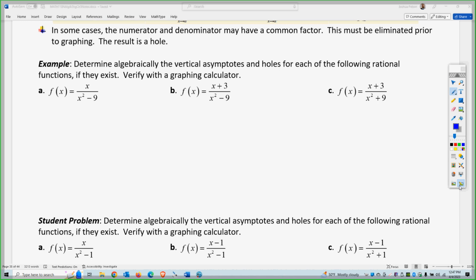You can verify with a graphing calculator. So if I in fact factor this, I'm going to get x over x minus 3 and x plus 3. So nothing algebraically cancels. So my vertical asymptotes are x equals 3 and x equals negative 3. Okay, and you can prove that to yourself with a calculator.